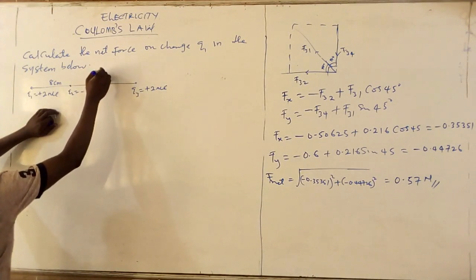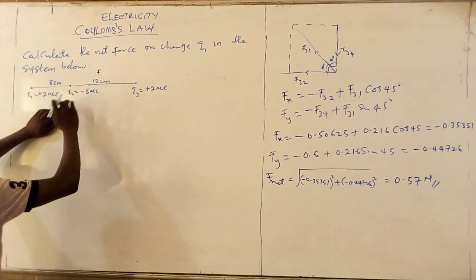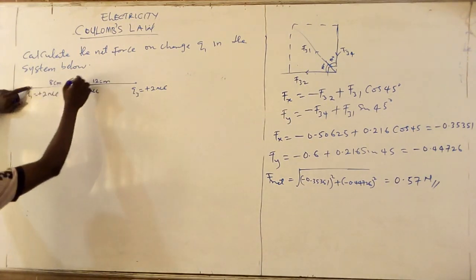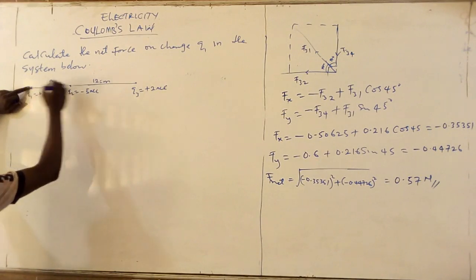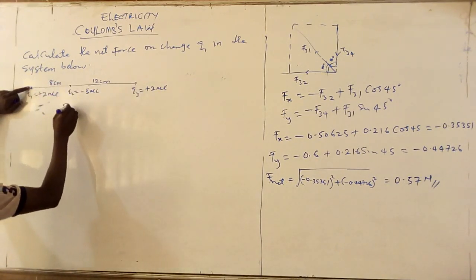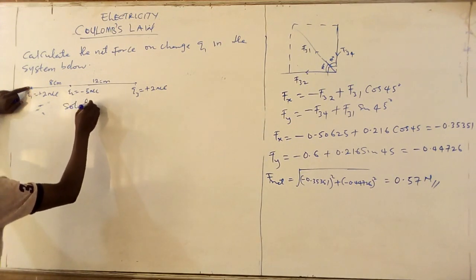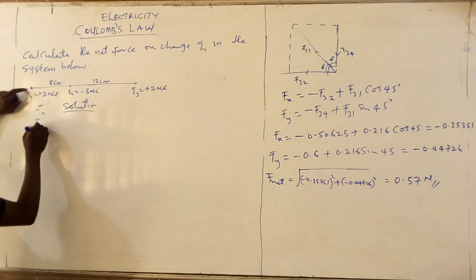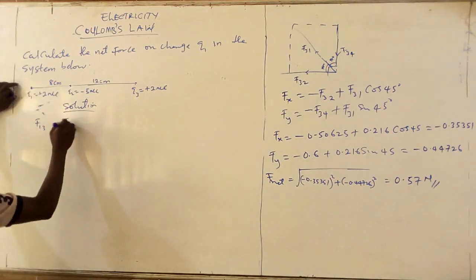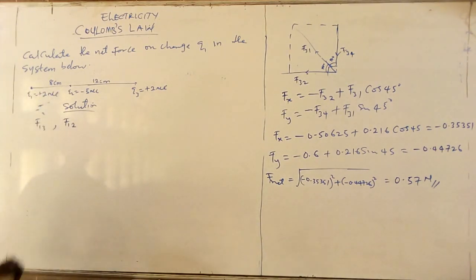Let's call it F. Okay, with respect to the Q1. So we have the force from here to here is what? We need F13, and the force from here to here we need what? F12. Okay.